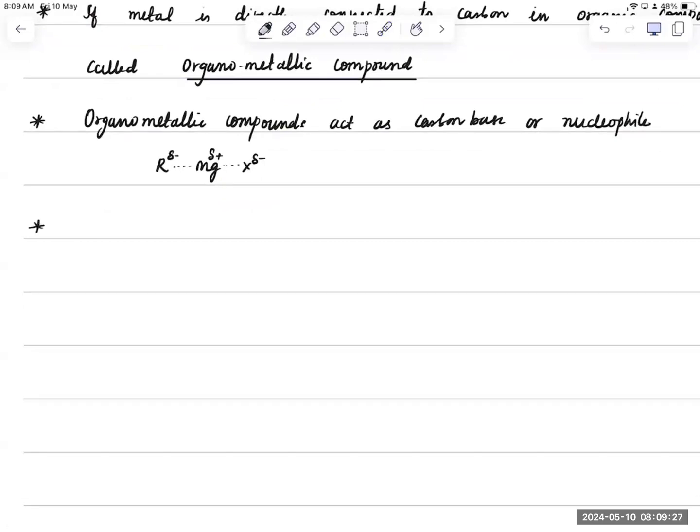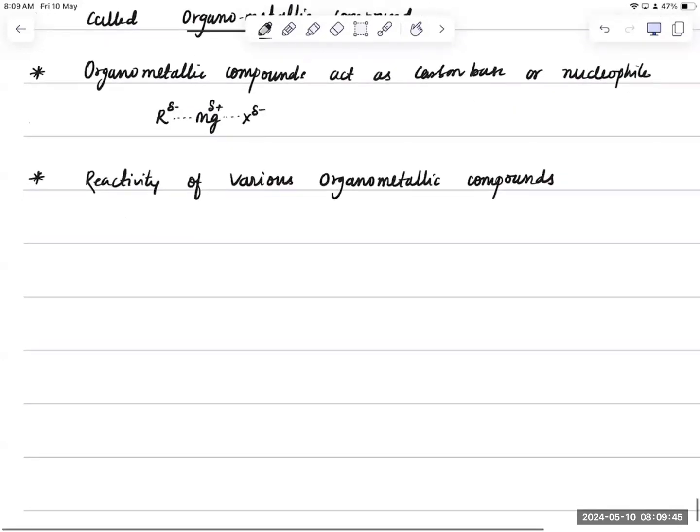Now, the reactivity of various organometallic compounds. If I compare the reactivity of various organometallic compounds, it is proportional first to polarity, how much polarity it is able to generate.